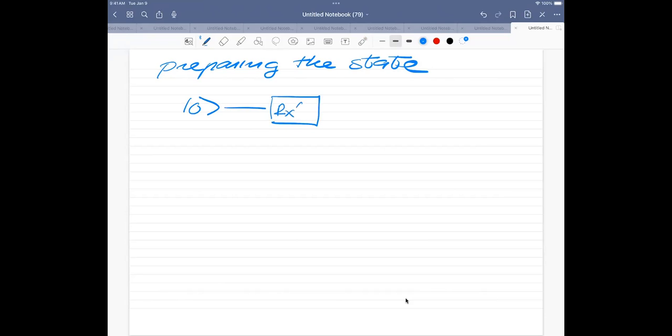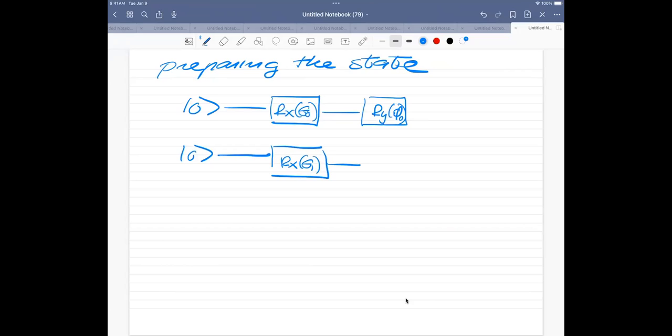So you have an Rx of theta 0, and then you have an Ry of phi 0. You do the same with the other qubit, and you would then have a theta 1, and then you prepare it again here with a new rotation, and then you have a phi 1.